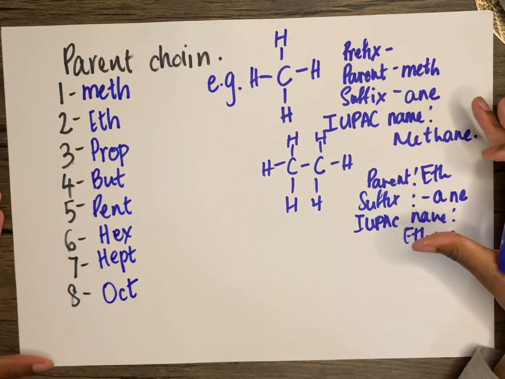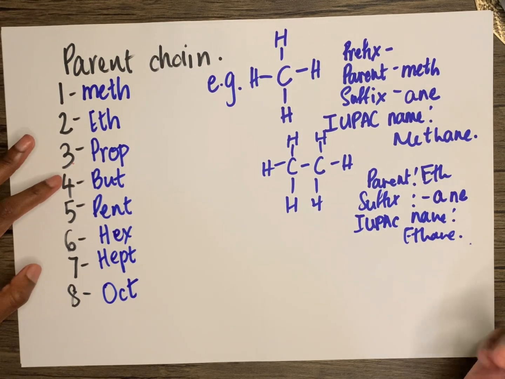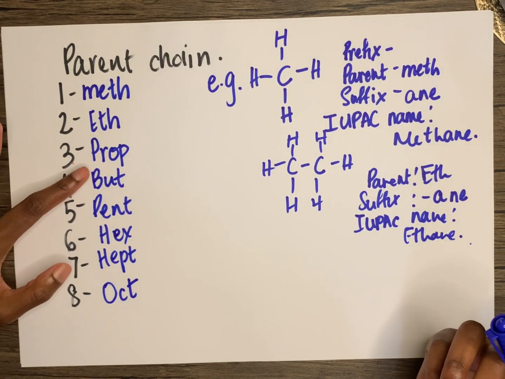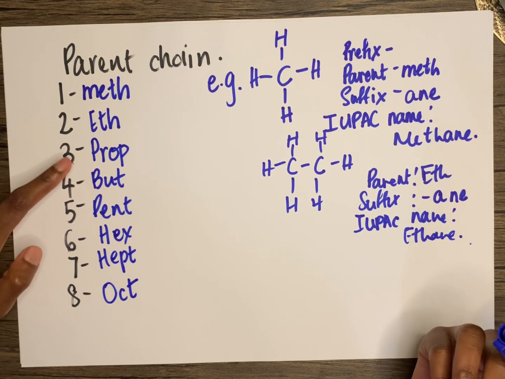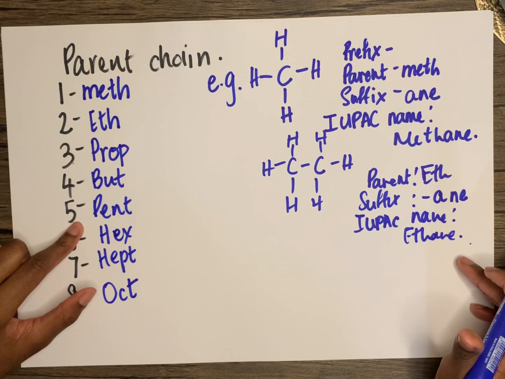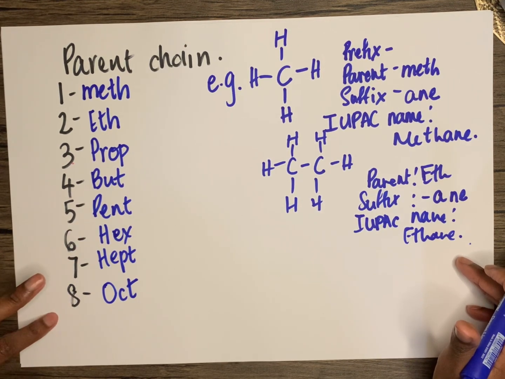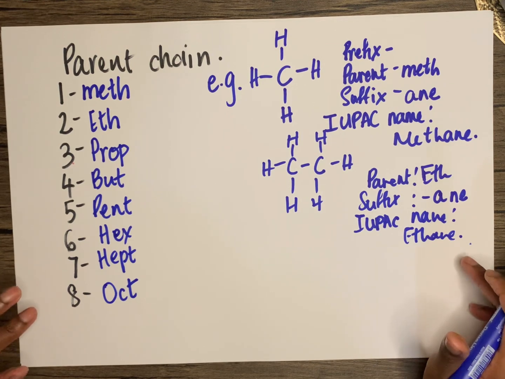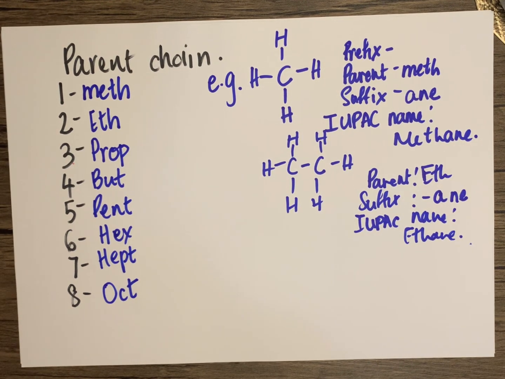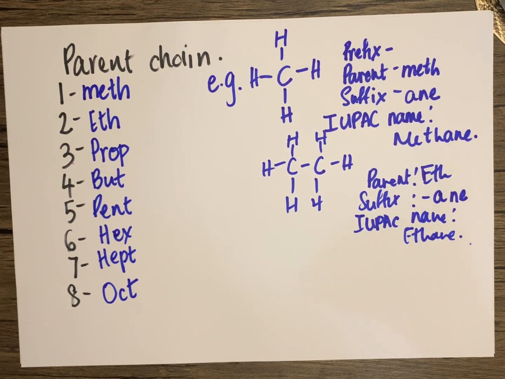So I could go on for all the alkanes, which means an alkane with 3 carbons would be named propane. Butane if it has 4, 5 pentane, 6 hexane, 7 heptane, and 8 octane, right? I could also still use the same parent chain naming for alkenes, alkynes, and all the other types of functional groups that we're going to do, right?